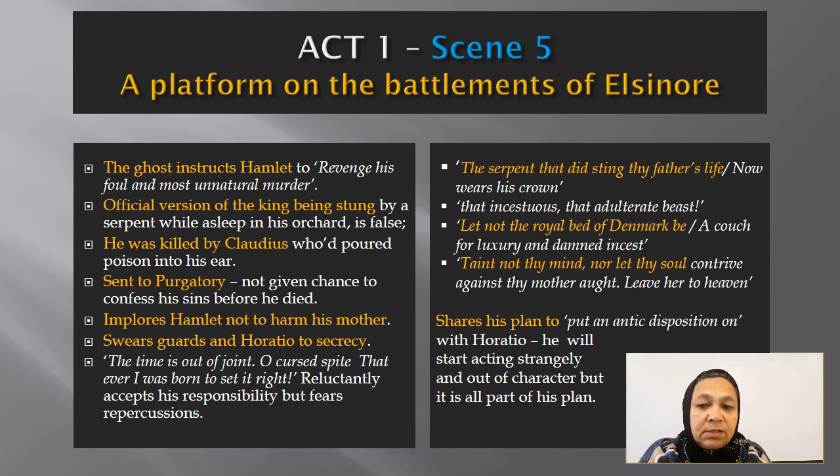Let God be her judge. He also swears the guards and Horatio to secrecy. Hamlet tells Horatio what his plans are, that he's going to put on an antic disposition. But he also bemoans the fact that the time is out of joint, oh cursed spite, that ever I was born to set it right.